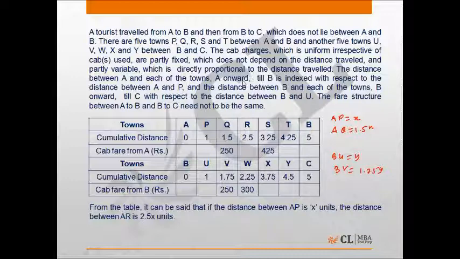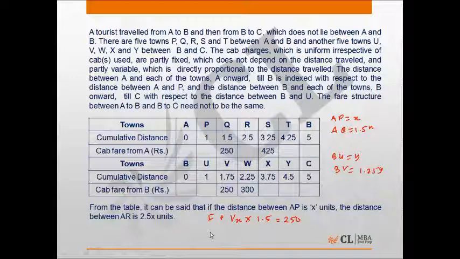From this we can try to find out the variable and fixed cost between A and B, and similarly then for B and C. If F is the fixed cost for traveling between any pair of cities between A and B, including these two also, and Vx is the variable cost for traveling every x kilometers between any pair of cities between A and B, then the cost of traveling from A to Q will be F plus Vx into 1.5, which is equal to 250.